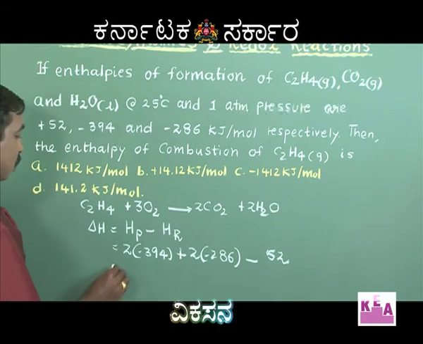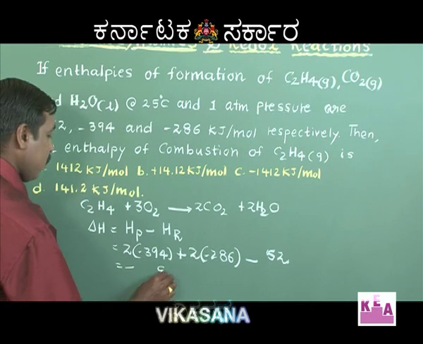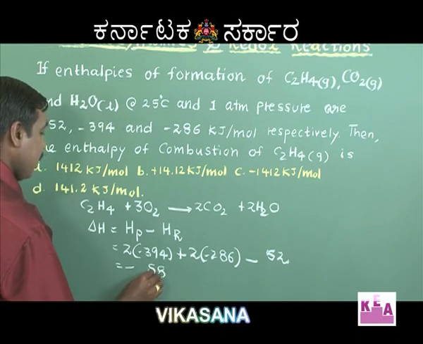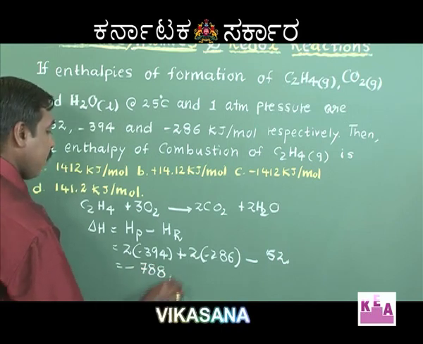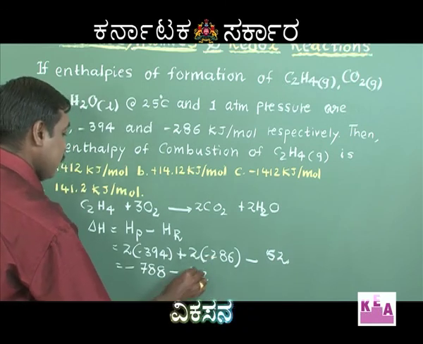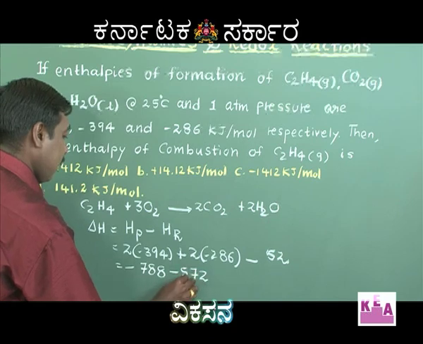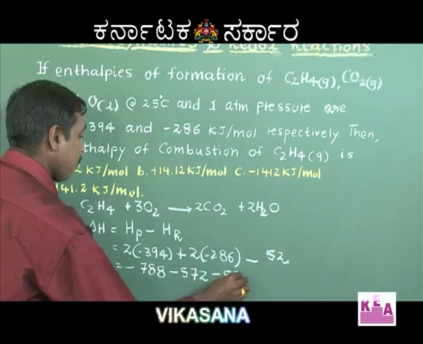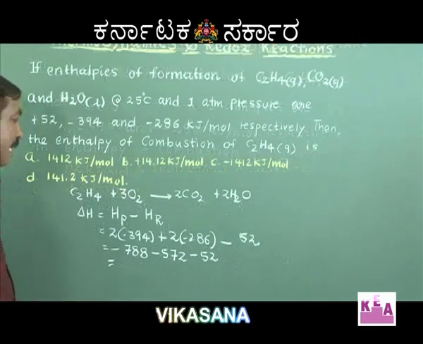Therefore, now as I try to solve it, I have minus 788, minus 572, and minus 52. Let us do this calculation.